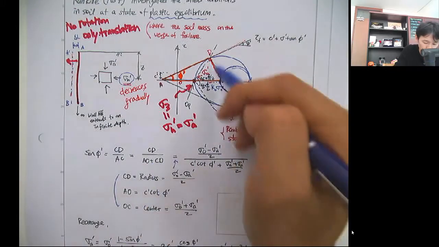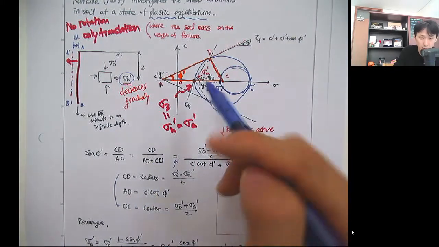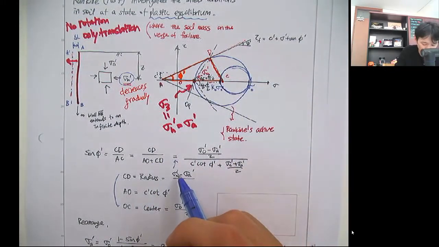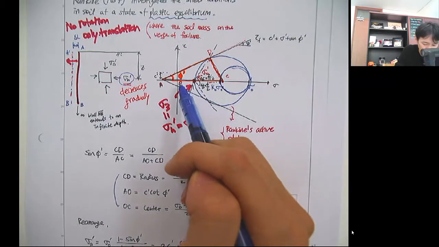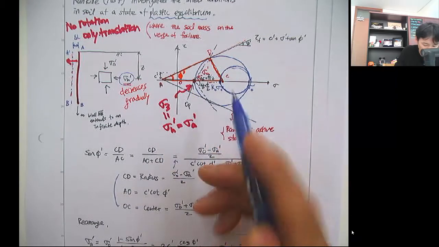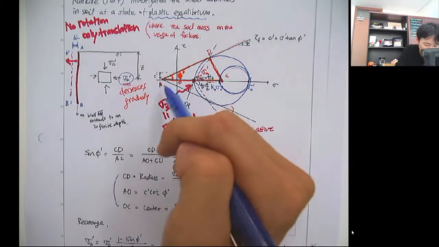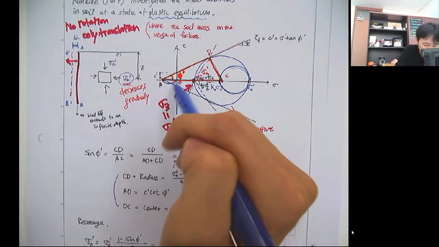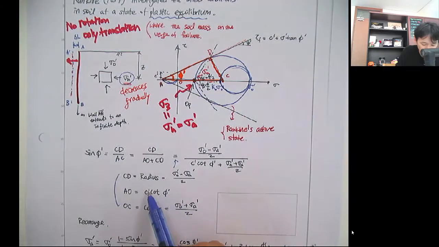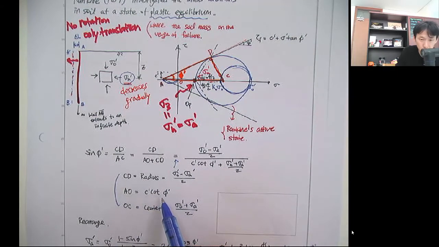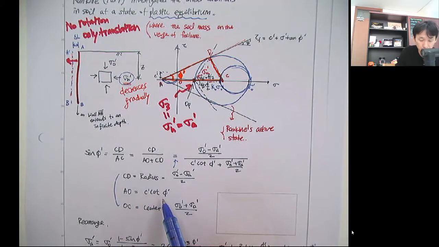CD is the radius of this small circle, so sigma naught prime minus sigma A prime over 2. And from origin to center is sigma naught prime plus sigma A prime over 2. And here A to O is c prime times cotangent phi prime, right?